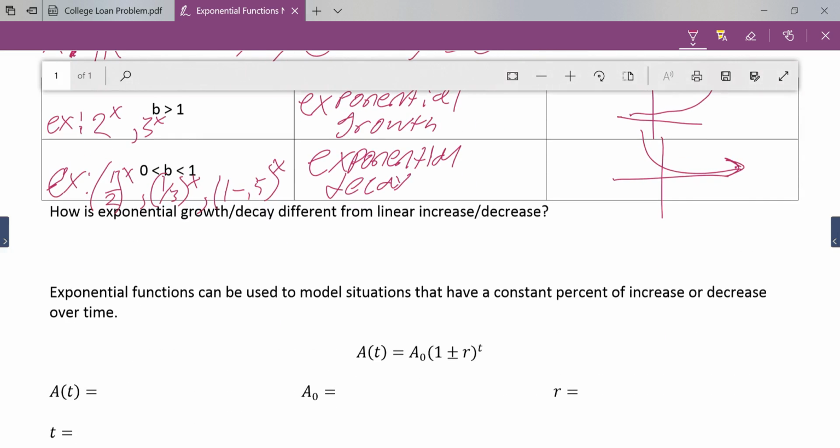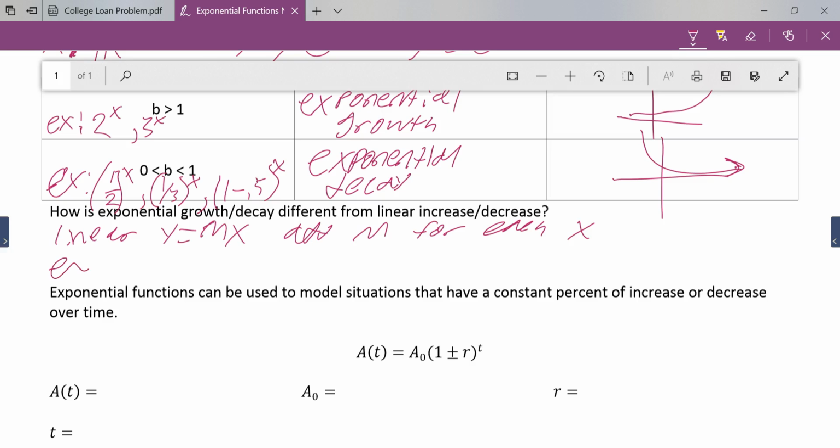And so we want to think about how exponential growth and decay are different from linear increase and decrease. Well, in a linear graph, we have y equals mx, where we have the slope and then our x value. So really we just add m for each x. Every time we go up by 1 in x, we add m to whatever the value was.